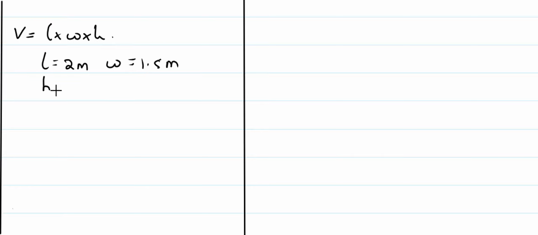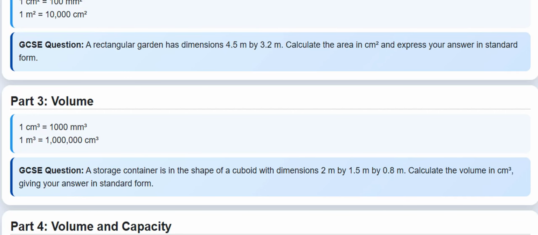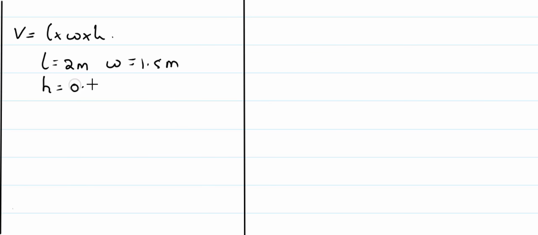And the height is 0.8 meters, like that. Since all of them are in meters, we only need to calculate the volume itself, which is given by length, which is 2 meters, multiplied by width, which is 1.5 meters, multiplied by height, which is 0.8 meters.